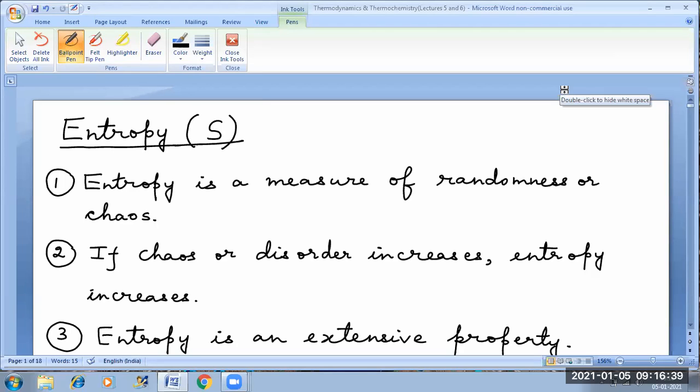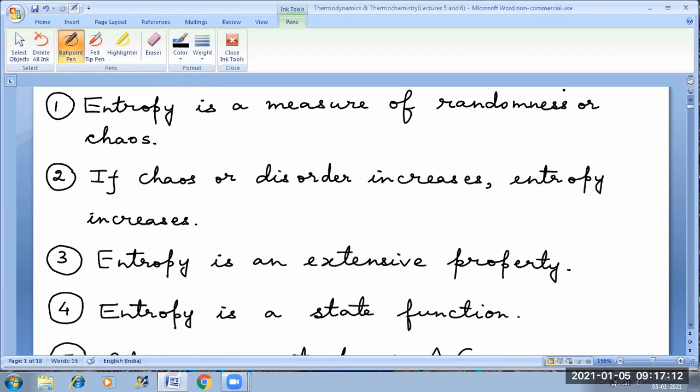But when you mix them, there will be disorder. The particles will move from one place to another. So the disorder has increased from what it was when they were separate. So entropy is a measure of the disorder or chaos in a system. This is the significance, to understand the concept. We will get into the mathematical portion of it.